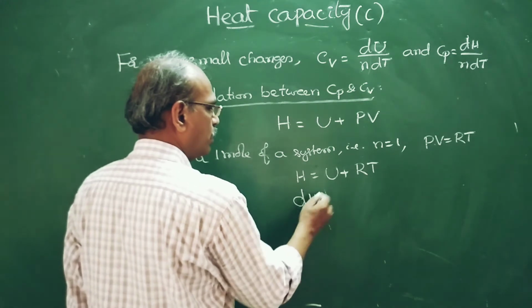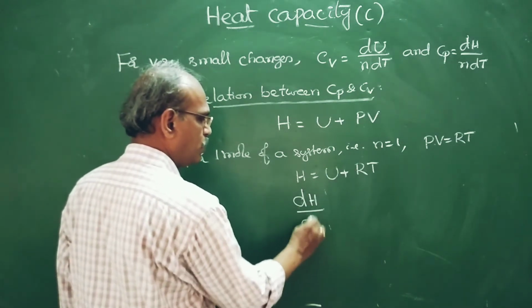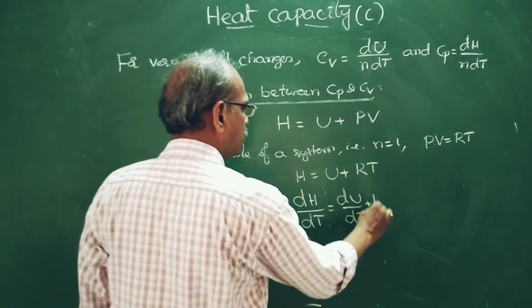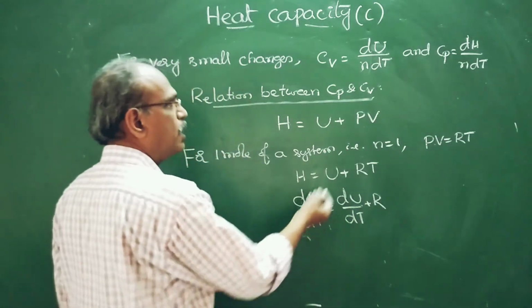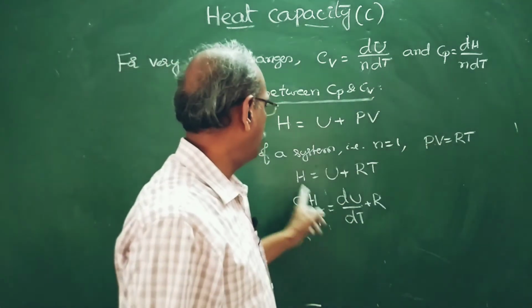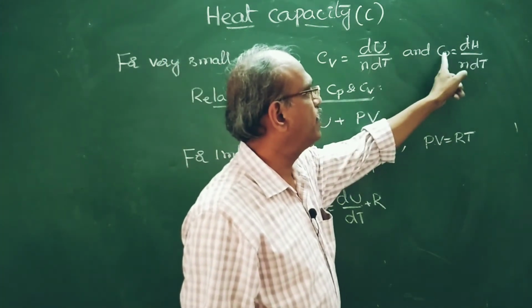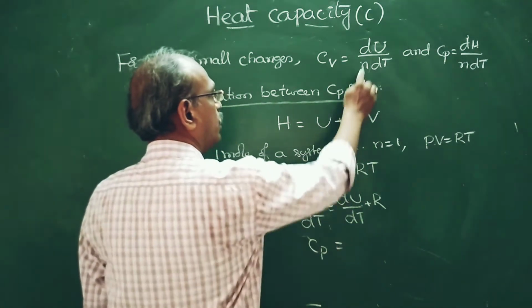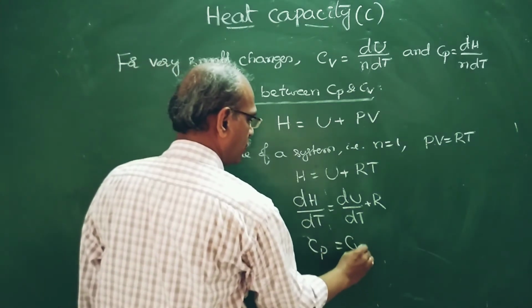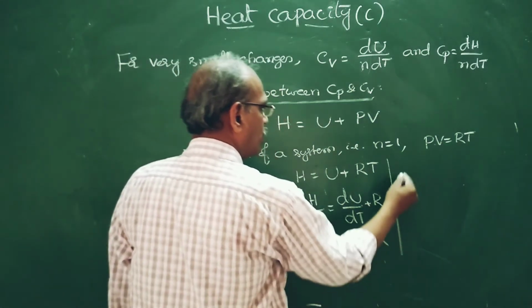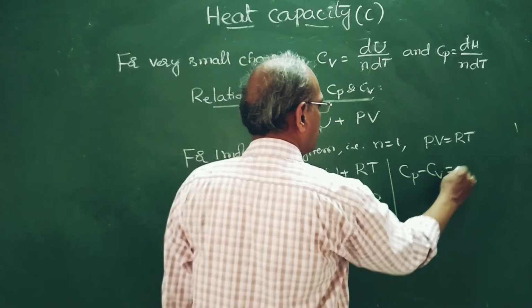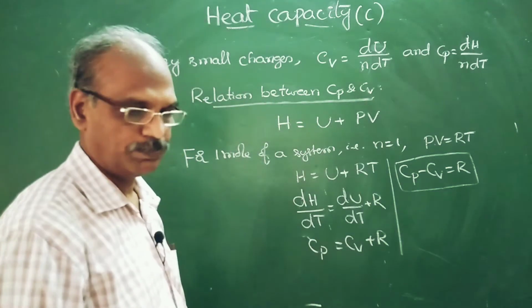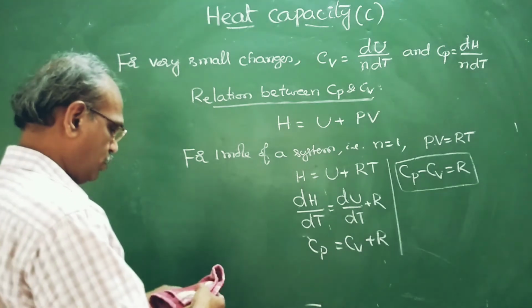Now differentiate this with respect to temperature: dH by dT is equal to dU by dT plus R. If you put n is equal to 1, dH by dT is equal to Cp, that is equal to dU by dT, which for n is equal to 1 is Cv, plus R. Or Cp minus Cv is equal to R. This is for 1 mole of a system. This is the relation.